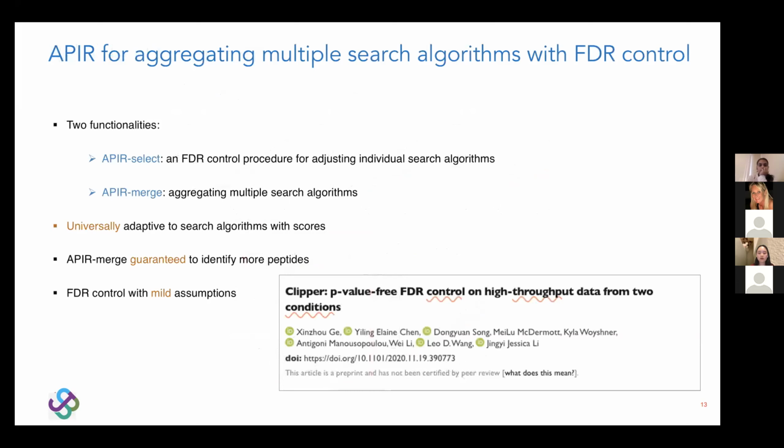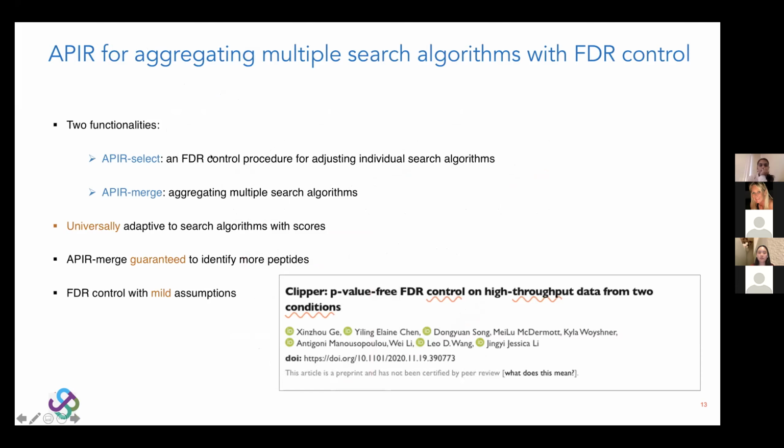So based on our benchmarking results, we developed APIR for aggregating multiple search engines with FDR control. And APIR has 2 functionalities. The first one is APIR-select, which is simply an FDR control procedure for adjusting individual search algorithms.